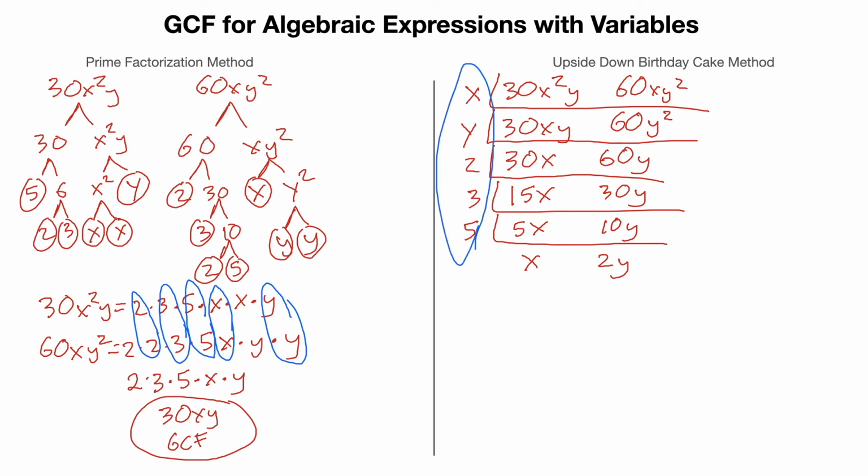We're going to multiply those together. Should look familiar to what we had when we did the other method of prime factorization. That equals 30xy for your GCF. So we pretty much just do the same thing we did with normal GCF. We just put some variables in there and we make sure we factor those out as well.